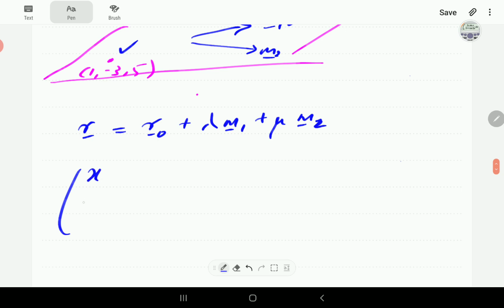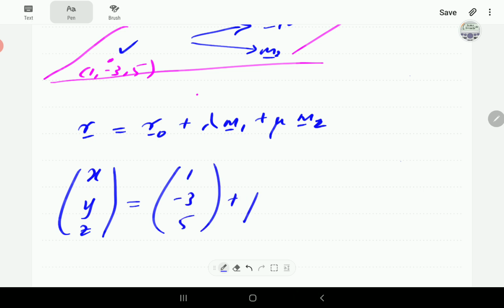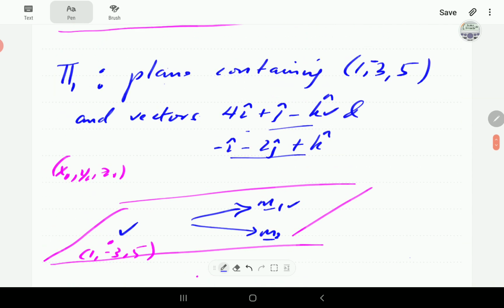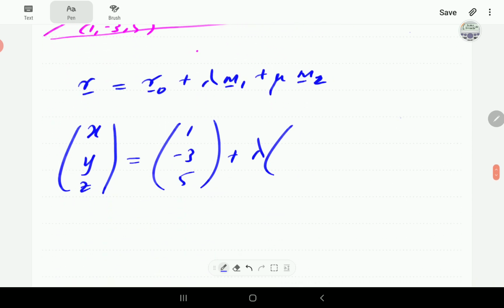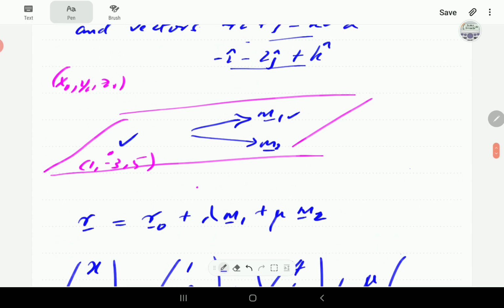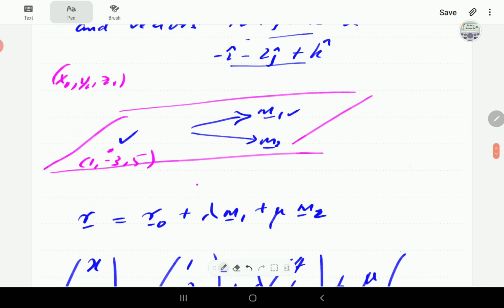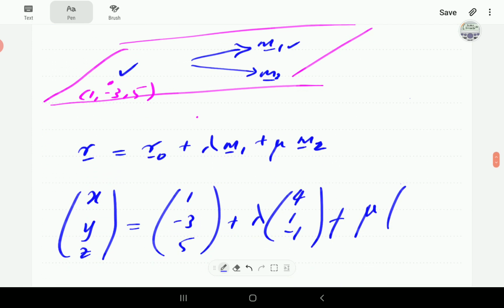So this is going to be x, y, z equals 1, minus 3, 5 plus lambda times 4, 1, minus 1, which is the first direction vector, and then plus mu times the second one, minus 1, minus 2, 1.